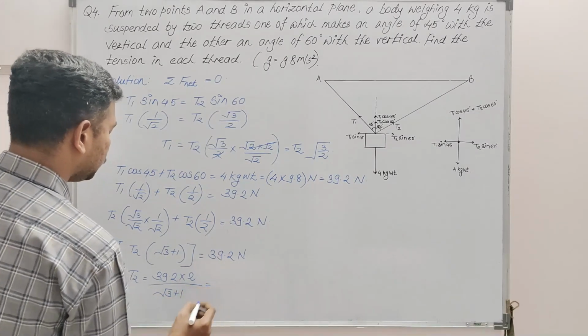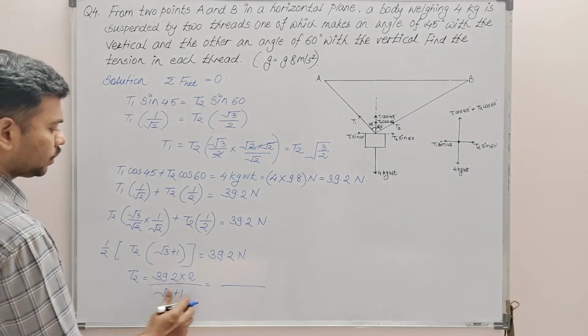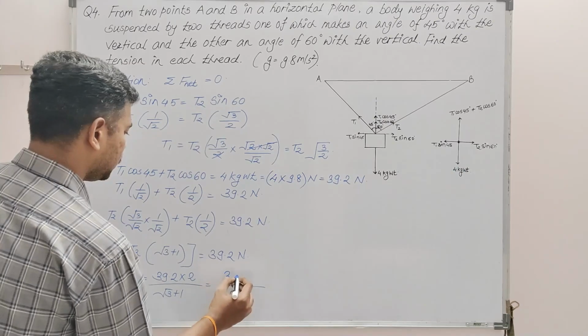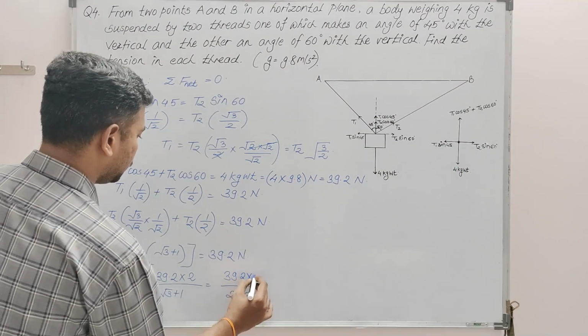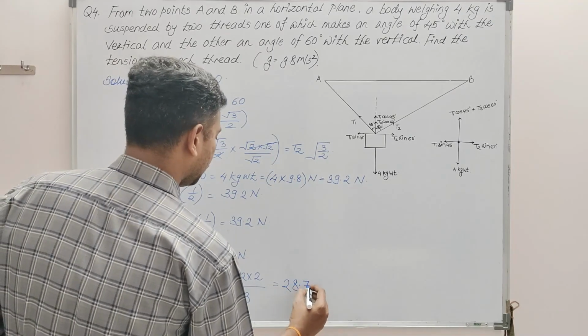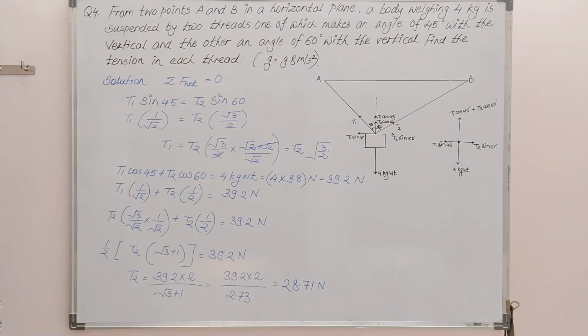As we know, root 3 is 1.73. We can substitute the value 1.73 here. Plus 1, it is 2.73. And it is 39.2 into 2. By solving this, you will get 28.71 Newton.